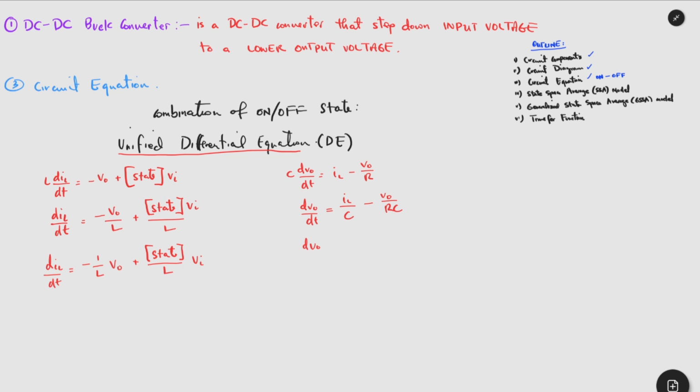And finally we have dV naught/dt is equal to 1 on C IL minus 1 on RC V naught.